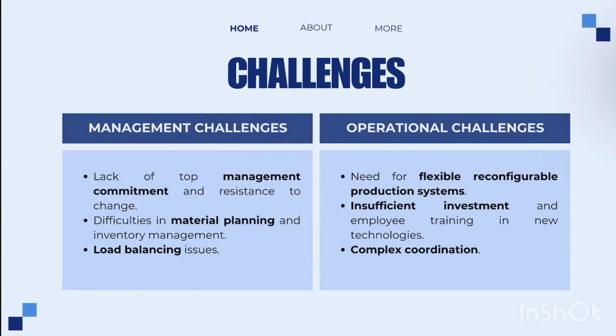On an organizational level, mass customization requires much more flexibility than traditional mass production. To achieve this, companies must invest in new machinery, employee training, and redesign supply chains. Many organizations simply lack the technical expertise or trained workforce to operate these advanced systems efficiently.